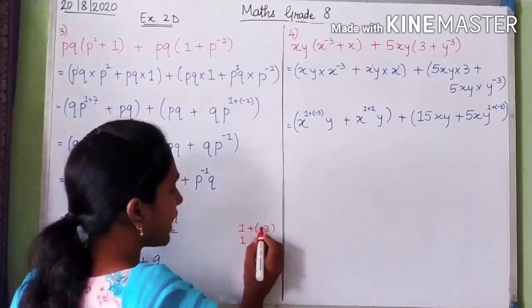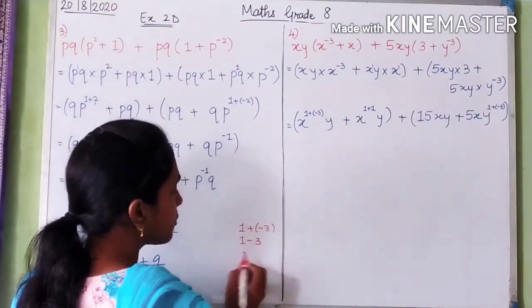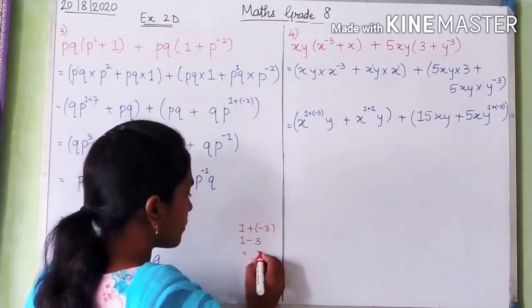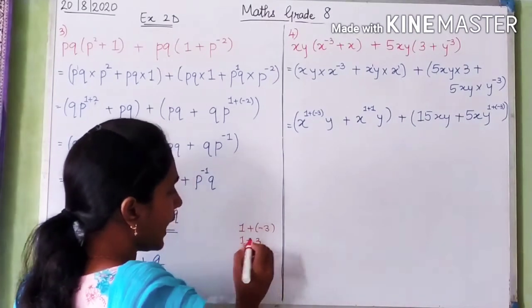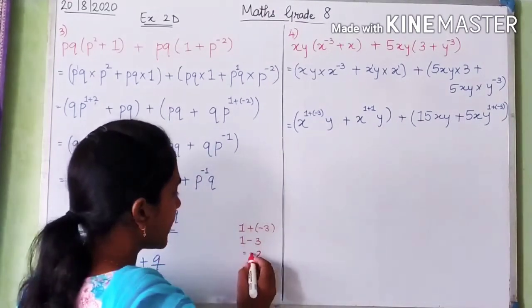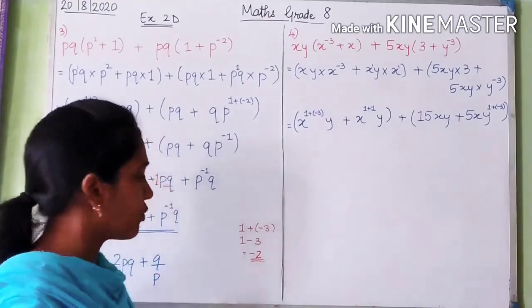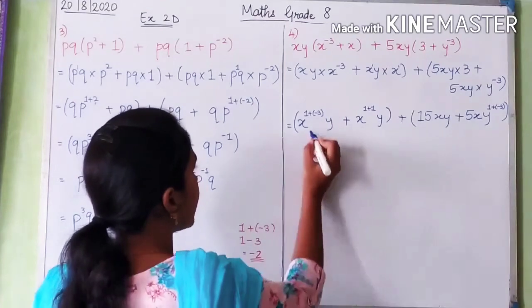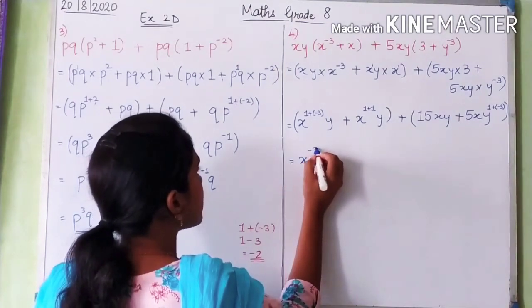So 1 plus minus is minus. So 1 minus 3. What is 1 minus 3? We have to subtract. So 3 minus 1 is 2, and the greater number is 3 having a negative sign, so this is also minus. So minus 2. So what is 1 plus minus 3? Answer is minus 2.